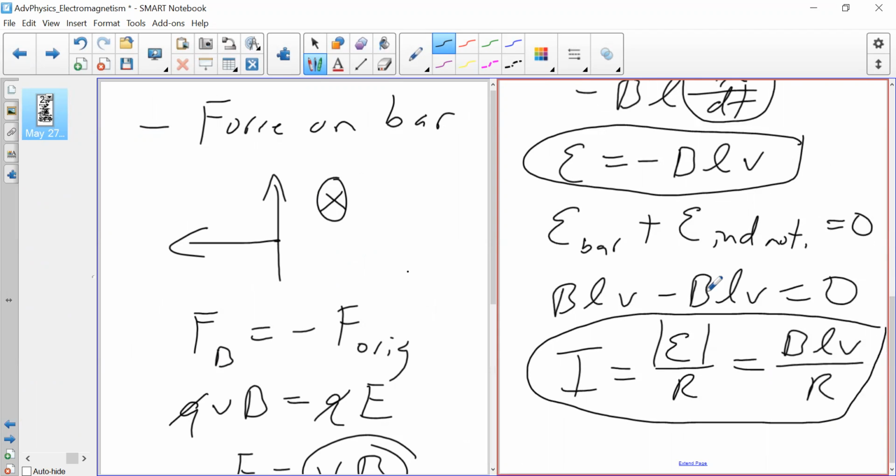But yep, we get equal and opposite induced voltages, which is the result of Faraday's law of induction. Whatever currents or whatever field we had in one direction is going to be opposed by a field in the opposite direction.